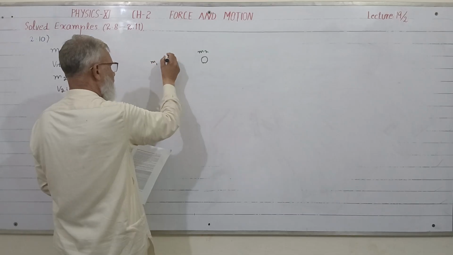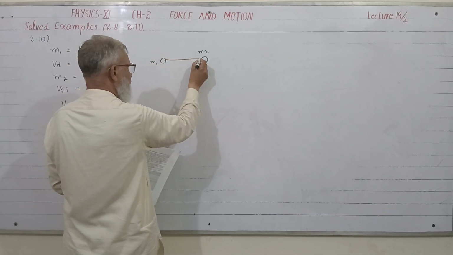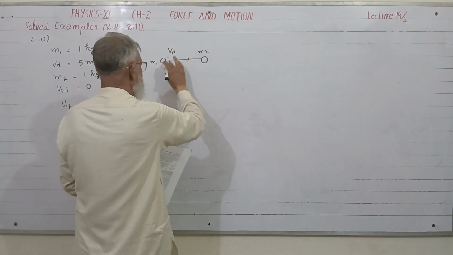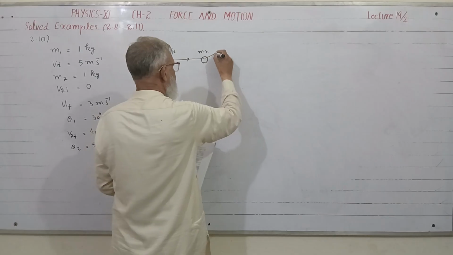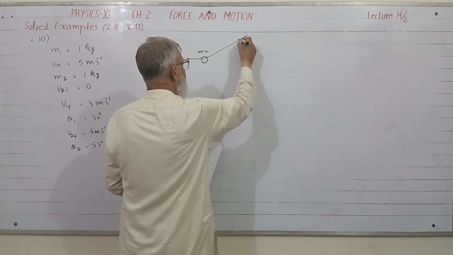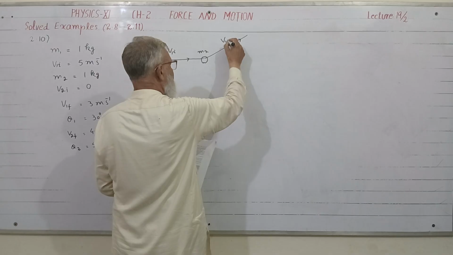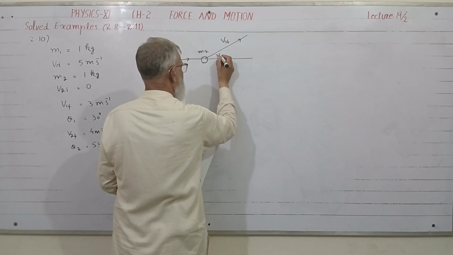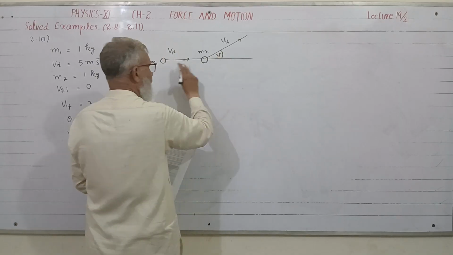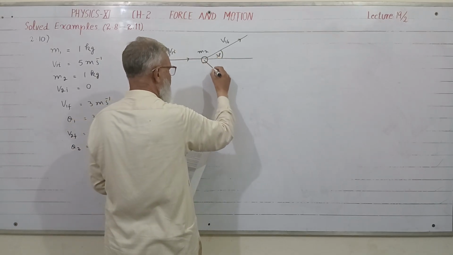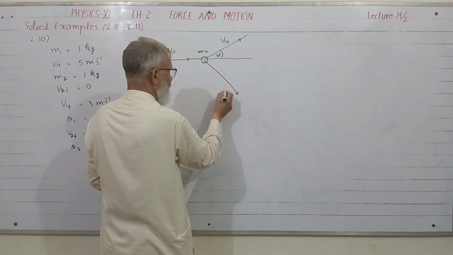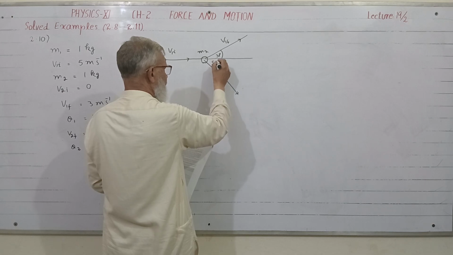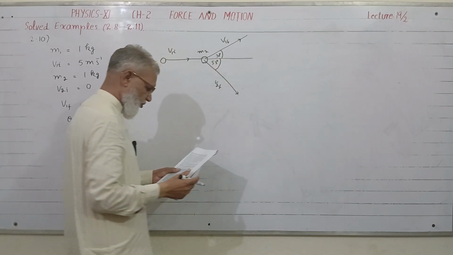It is m1, moving in this direction with the velocity v1i, and after colliding, v1f at an angle of 30 degree, and the particle it collided with, v2f, at an angle of 53 degree. This is the situation.